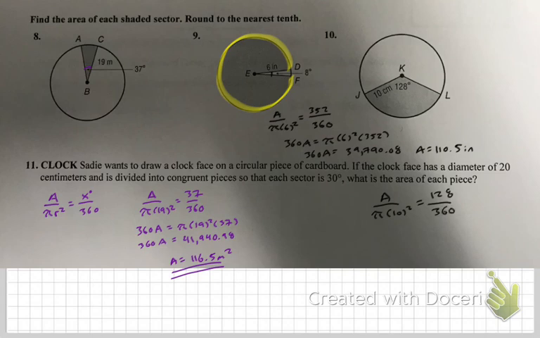Okay, that would then become 360A equals, cross multiply all that stuff, so 10 squared is 100, 100 times 3.14 is 314, 314 times 128 is 40,192, divide that by 360, our area is 111.6 centimeters squared. Okay, so not too complicated, not too bad.